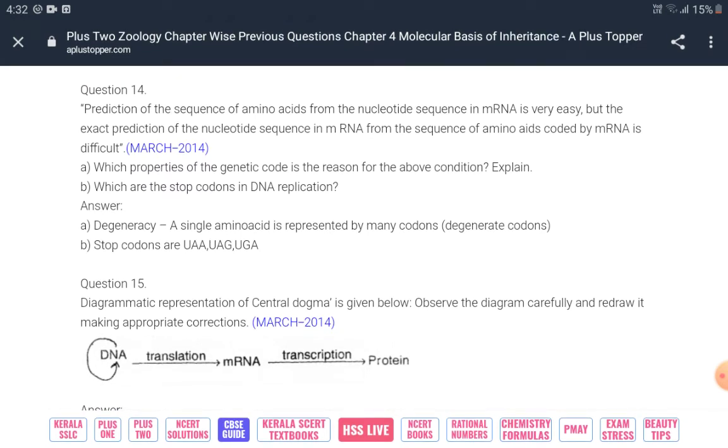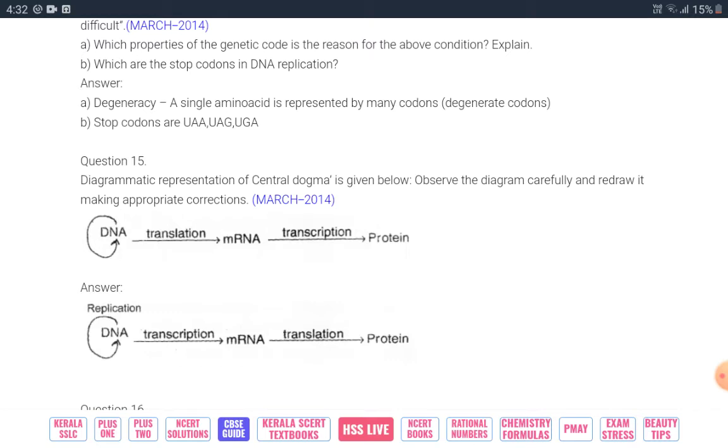Observe the diagram carefully and redraw it, marking appropriate corrections. The DNA is changed into mRNA. That is called transcription. And mRNA is changed into protein, which is called translation.